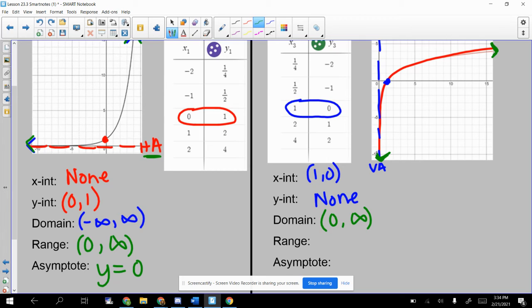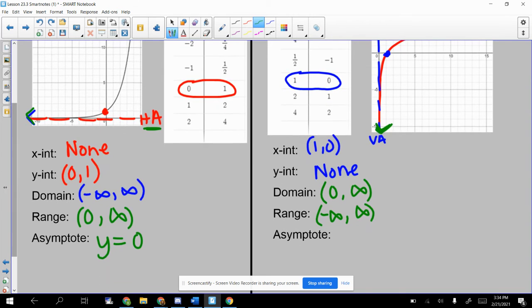This is going to continue going down forever, so negative infinity, and then continue to slowly move up forever, so positive infinity. The last thing is the asymptote, which is a vertical asymptote, so we would write that as x equals 0, because it's going through the x-axis at 0.